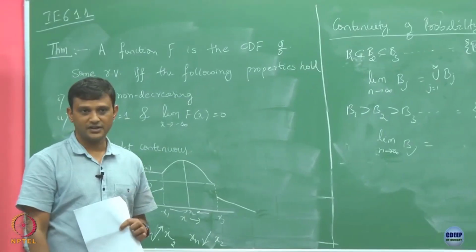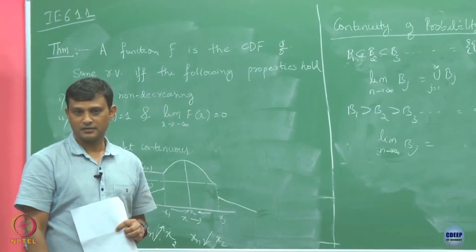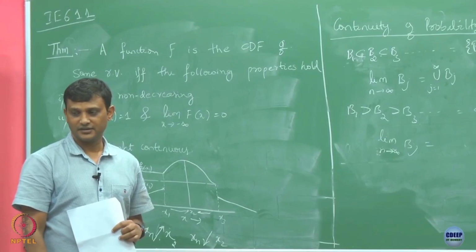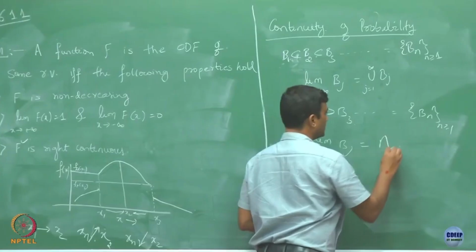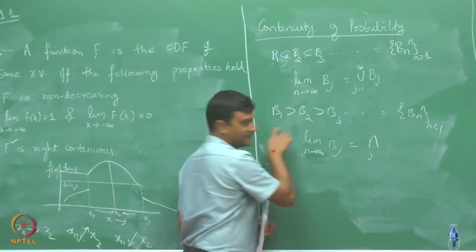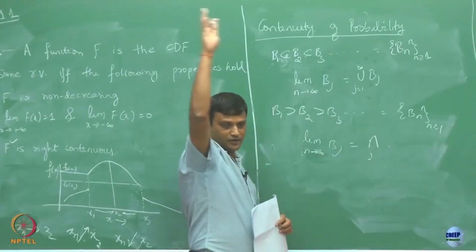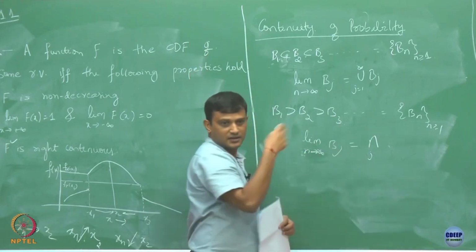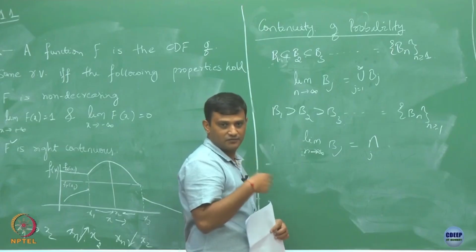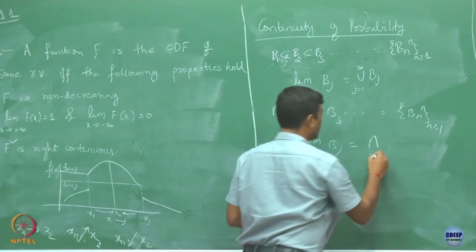What should be the natural definition? It should be the intersection, right? This is a decreasing sequence. Whatever the value you have eventually, that should be the intersection of all the sets.